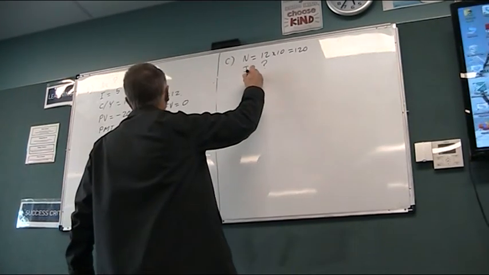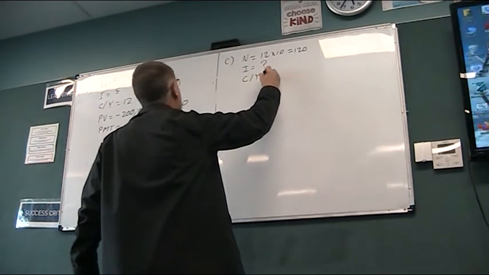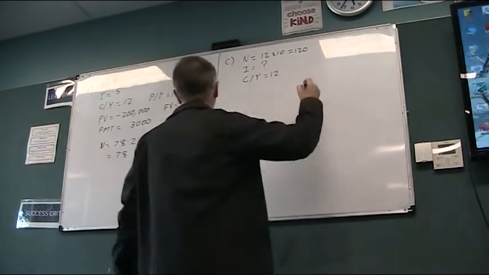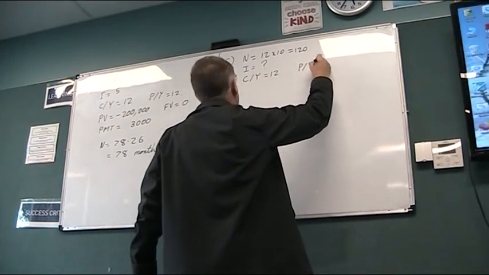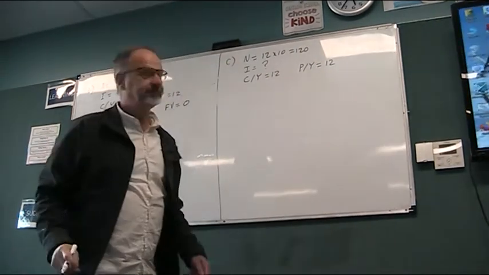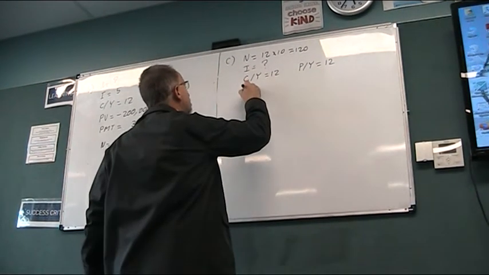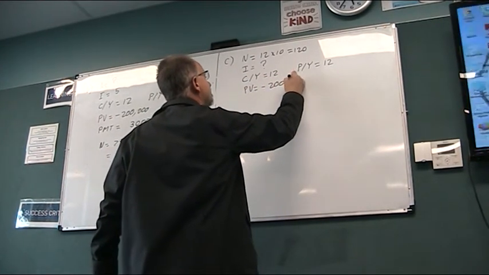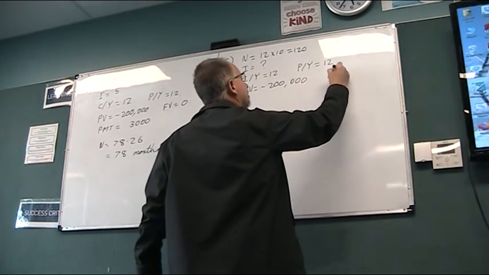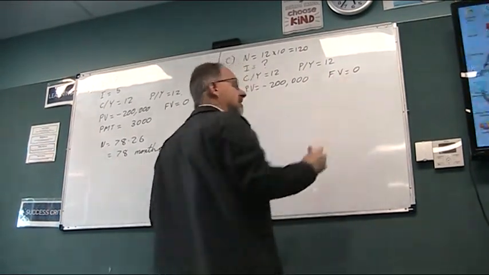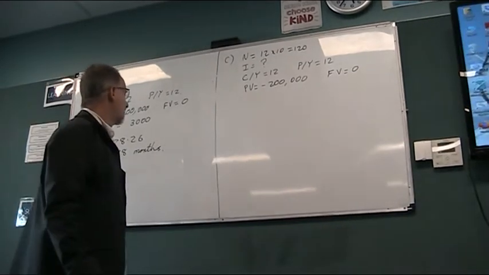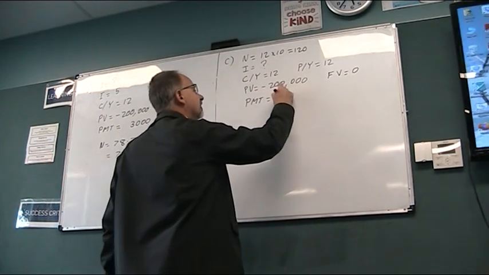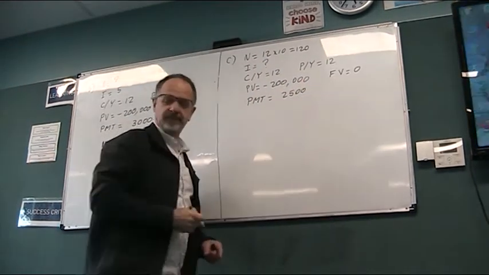He's still compounding 12 times in the year, still getting paid 12 times in the year. He's still put in 200,000, and at the end of his 10 years, there's going to be no money left, and we want a payment of 2,500 this time.